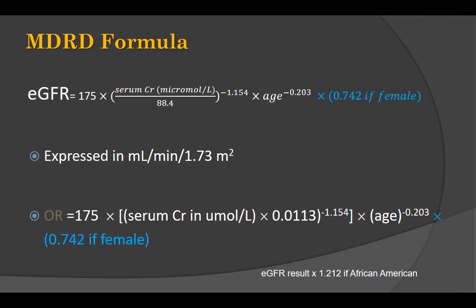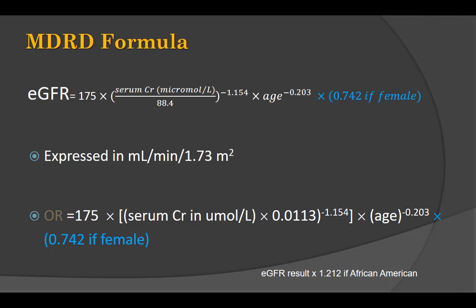The second formula, which is MDRD, is a little more complicated than the previous one. Again, the only thing you need from the patient, the measurement, is serum creatinine. That's all. The rest you just put these values, age and everything, and you multiply by 0.742 if the patient is a female. It is expressed in milliliter per minute per 1.73 meters square.